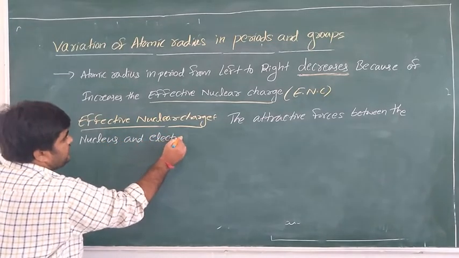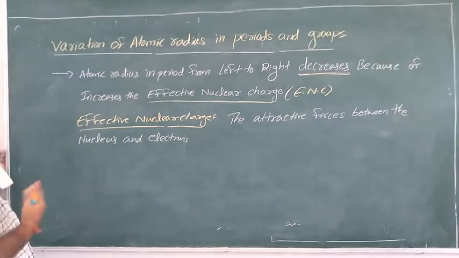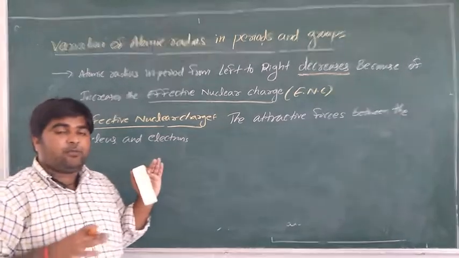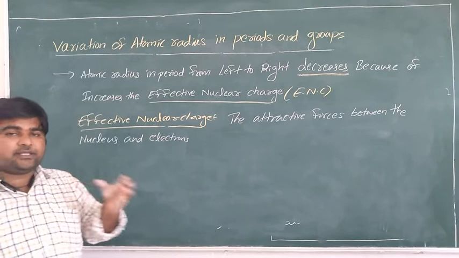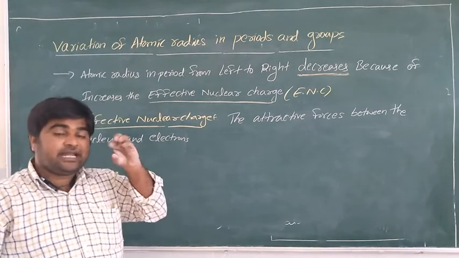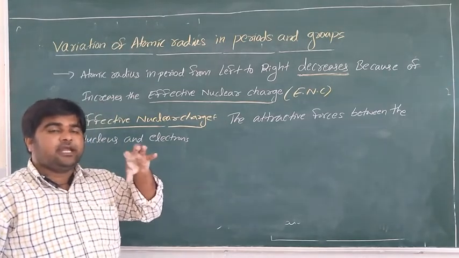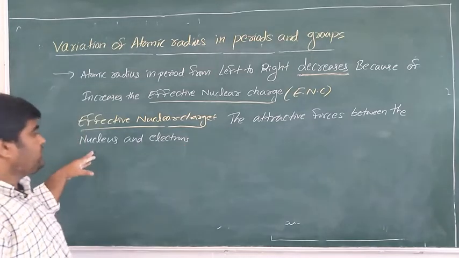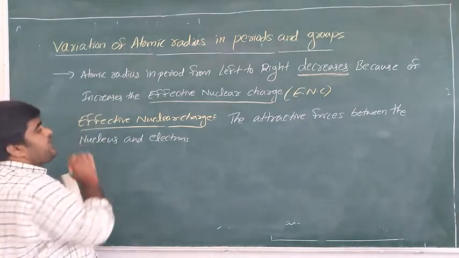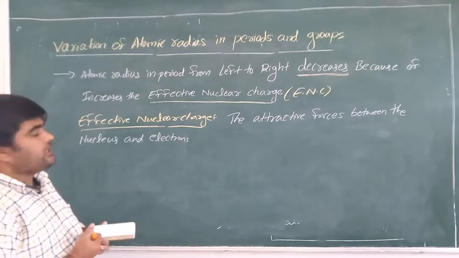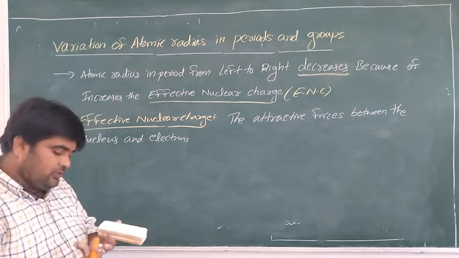Nucleus means what? Which charge is there? Positive charge. So the nucleus has a net positive charge. The attractive force between the nucleus and electrons is called effective nuclear charge.